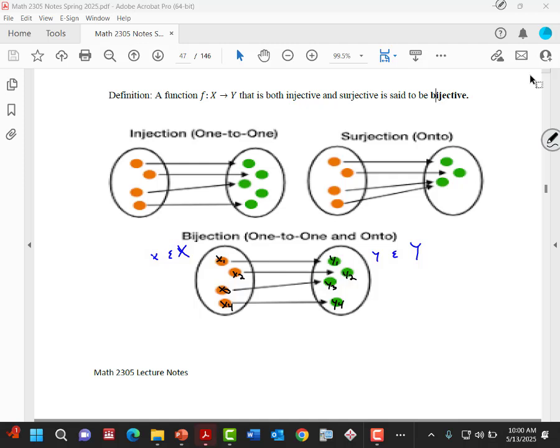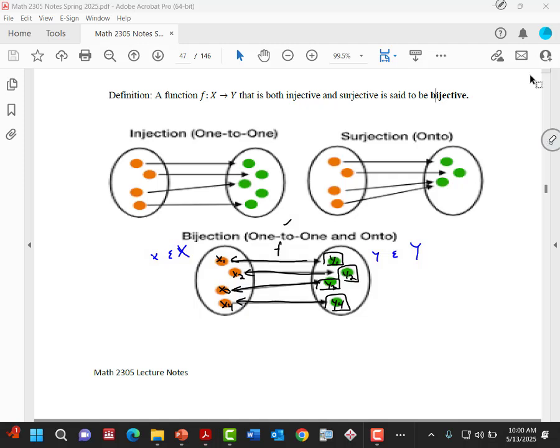If I take a look at this mapping for this function f, first off, each member in the codomain Y is relating to only one member in the domain X. That's what makes it one-to-one.